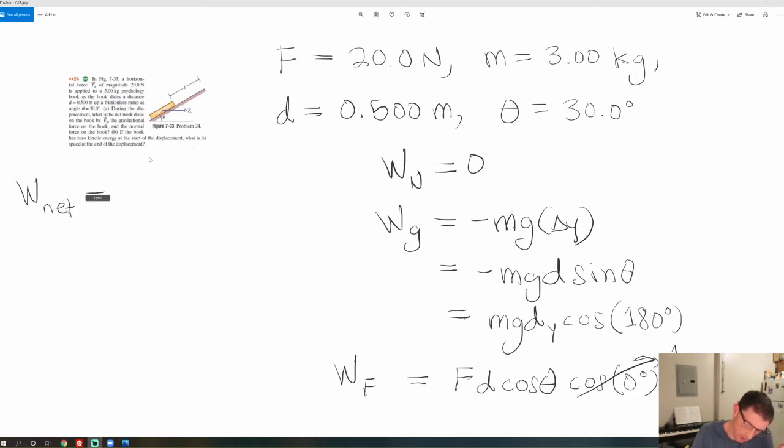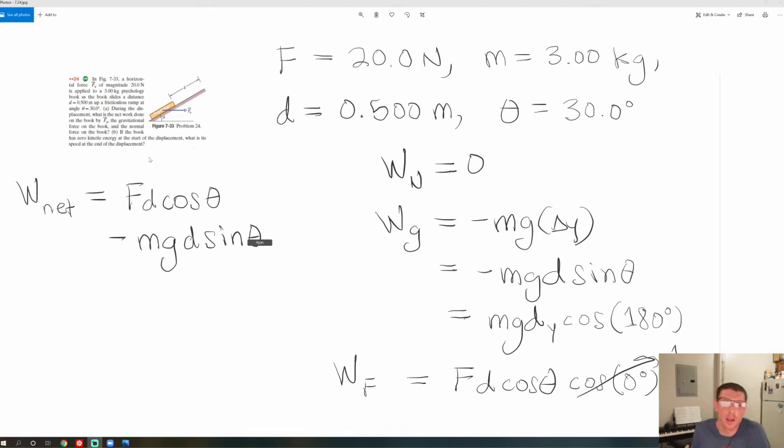And that's just going to be FD cosine theta, and then minus mgd sine theta. Okay? And then remember, from the work energy theorem, that this equals the change in kinetic energy. Okay? And I guess I'm going to have to erase again because I need more space. So let me get rid of this stuff here on the right-hand side now. I think we have everything we need to take this to completion.